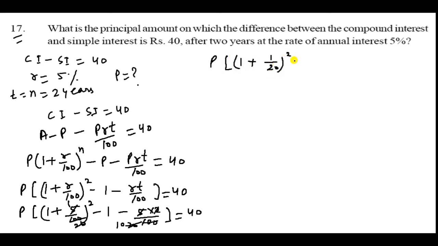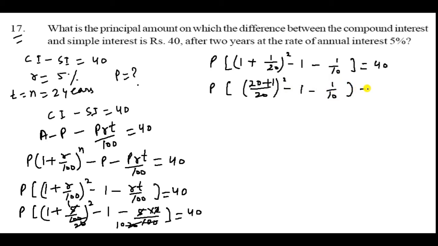Now let us start here. So P will be equal to 1 plus, 5 1 ja 5 and 5 2 ja 10, 20. So it is 1 upon 20 and whole square, minus 1 and minus 1 upon 10, will be equal to 40.